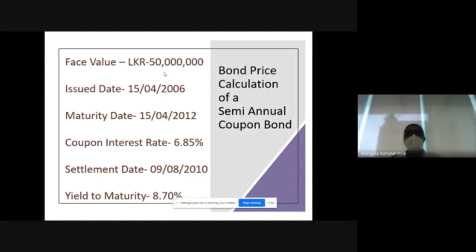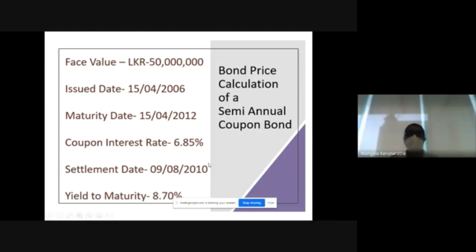So in this bond, the face value was 50 million, and issued date was 15 for 2006, and maturity date was 15 for 2012. So here we have 6 years. 6 years means we have 12 cash flows, and coupon interest is given as 6.85. Settlement date was 9/8/2010. Now we have to think that we are using this as the value date.